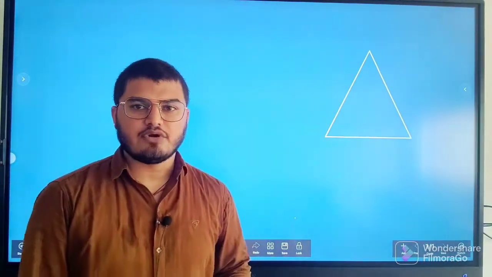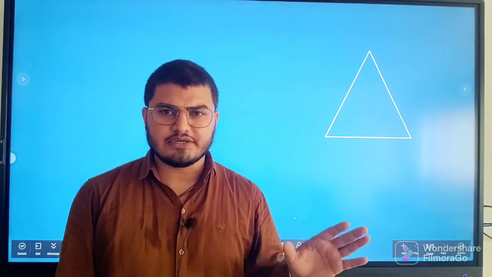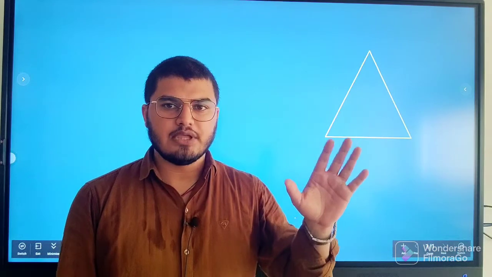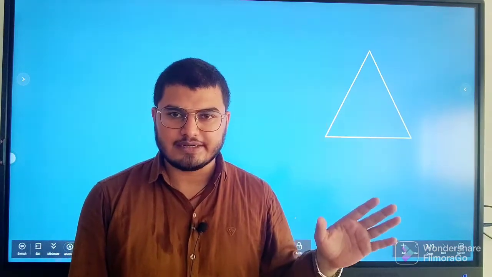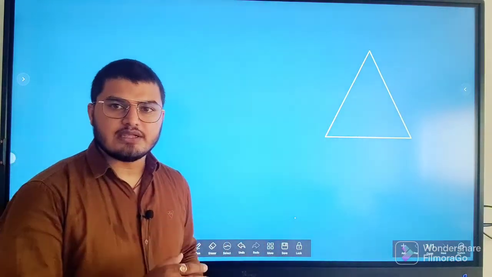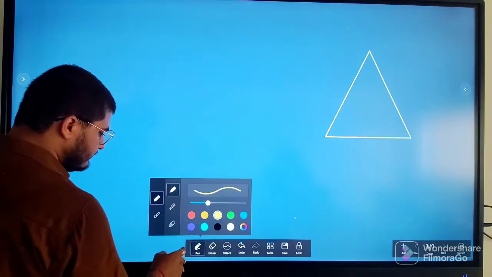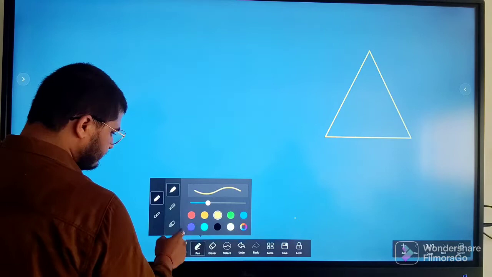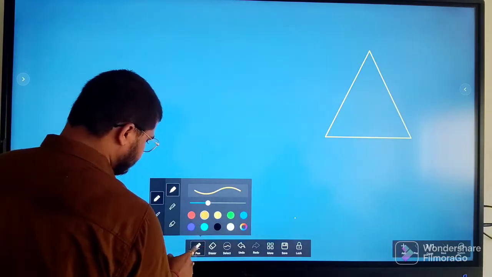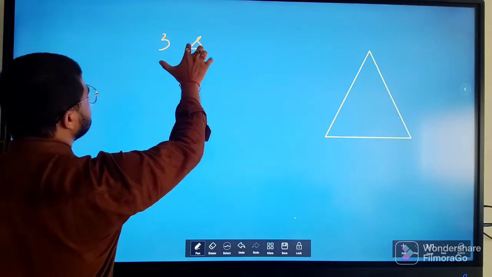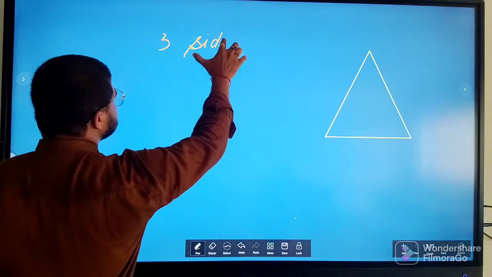So first I would like to go into basic details about triangles. A triangle comes in the category of a polygon, right? So a triangle is a three-sided polygon. A triangle has three sides.